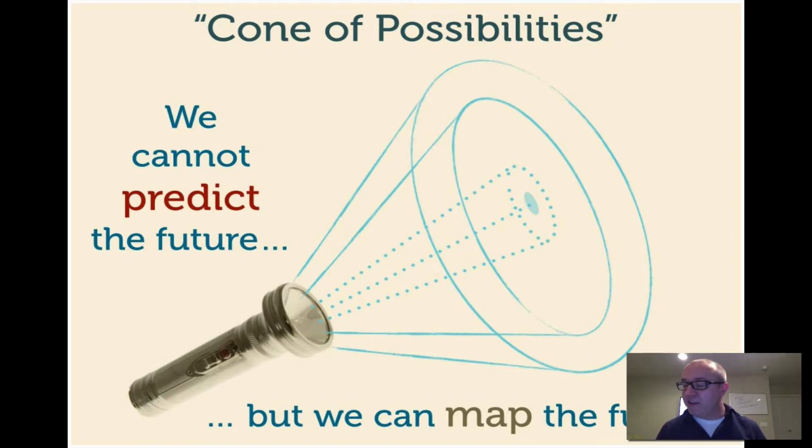Close to the flashlight, you'll see in the picture here, the beam is small, and there is less variance, because there are fewer possible outcomes close to today. But as we get further out into the future, just like your beam of light, the beam gets wider and bigger. As we go out, there are greater possibilities.